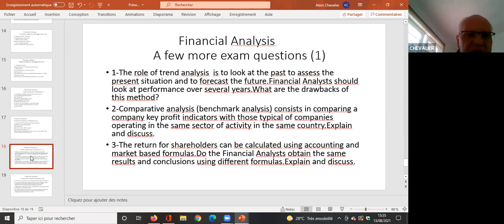So that means that trend analysis, using the weight, using the regression line, this is okay when you have recurrent growth rate, and the economy is stable. If you have some kind of discontinuity, it becomes very difficult to use trend analysis.